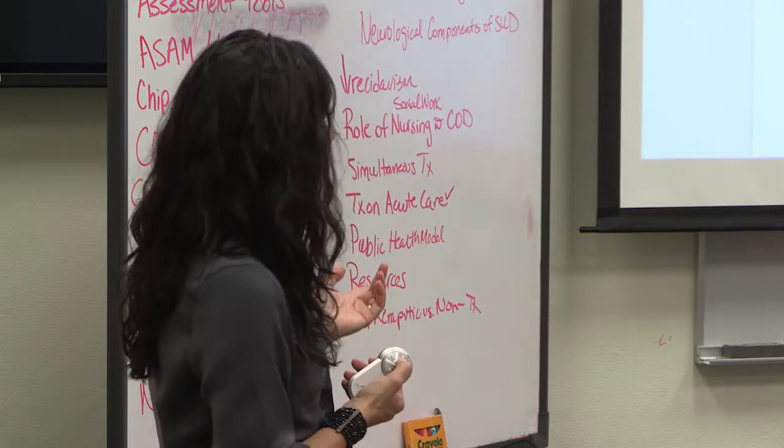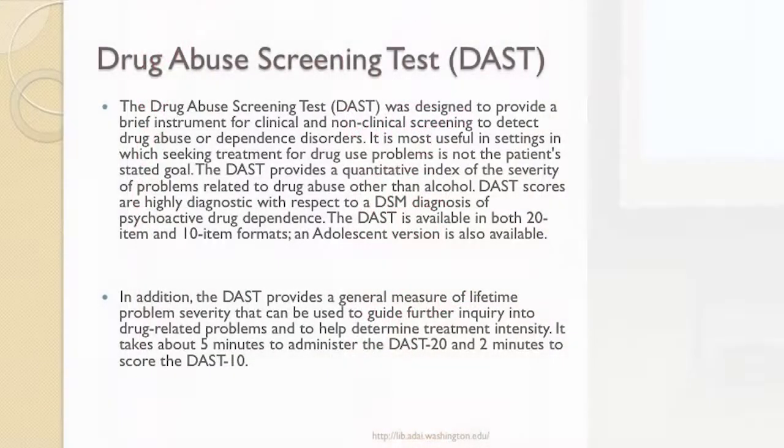The DAST is a little bit newer, and it was actually mirrored against the MAST. The idea was that you would have an alcohol screening tool and a substance abuse screening tool that were essentially the same, except the focus went from alcohol to substances. They have a shorter version and an adolescent version.